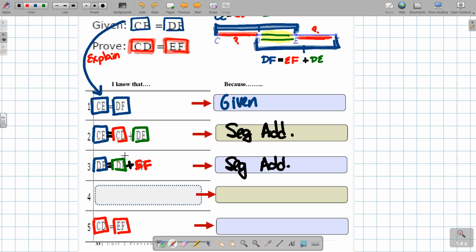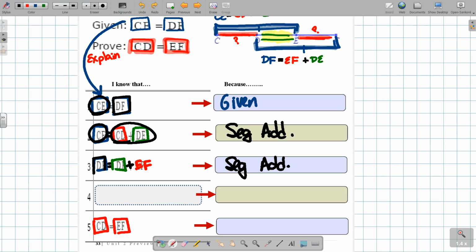Watch very carefully. I'd like you to circle, please, CE. Now come up here. There's CE. I know that CE equals those two added together. Do you see DF? Box DF.